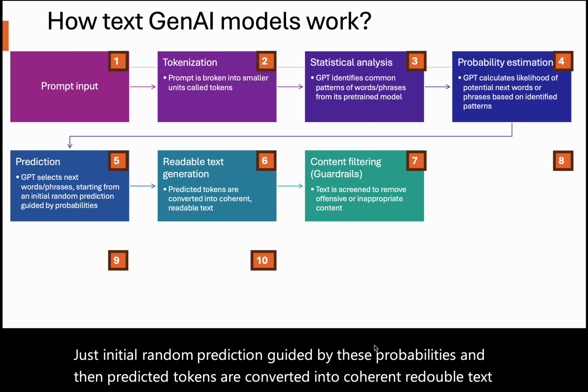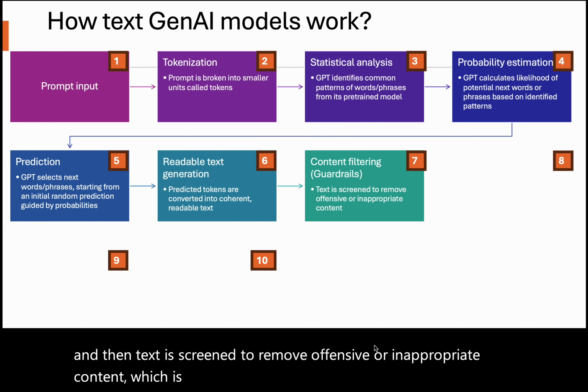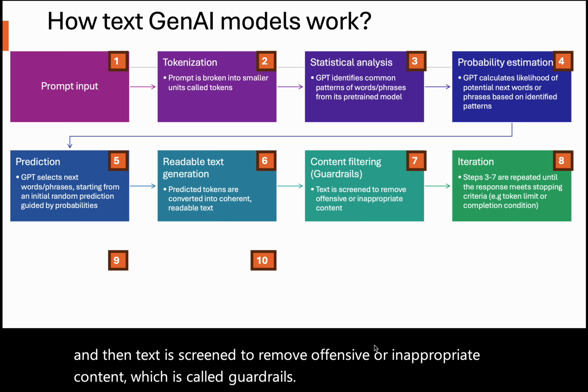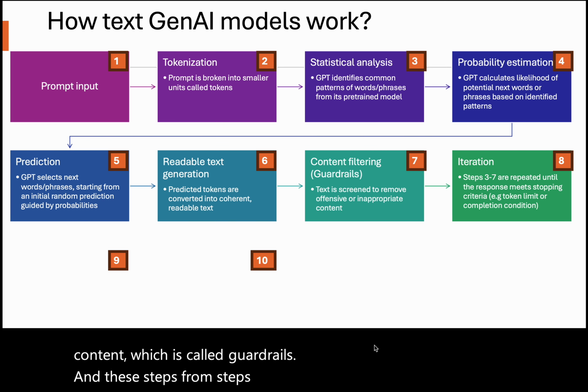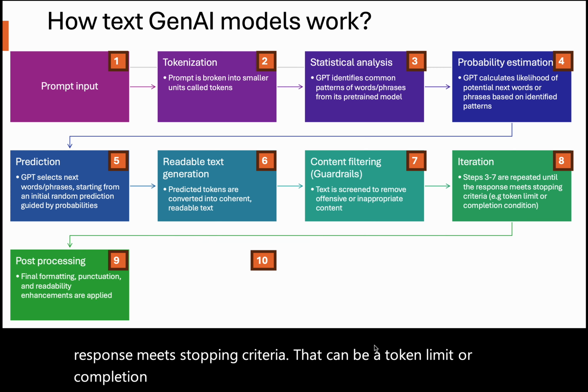Then the text is screened to remove offensive or inappropriate content, which is called guardrails. And steps 3 to 7 are repeated until the response meets stopping criteria, which can be a token limit or completion condition.